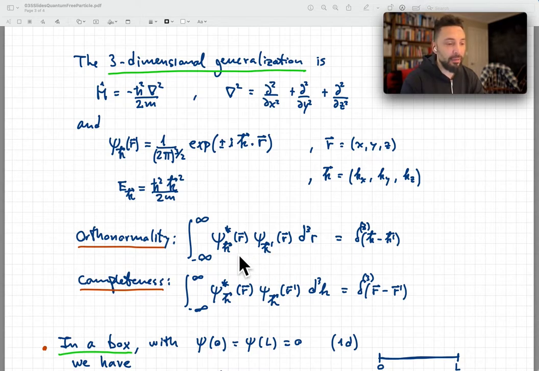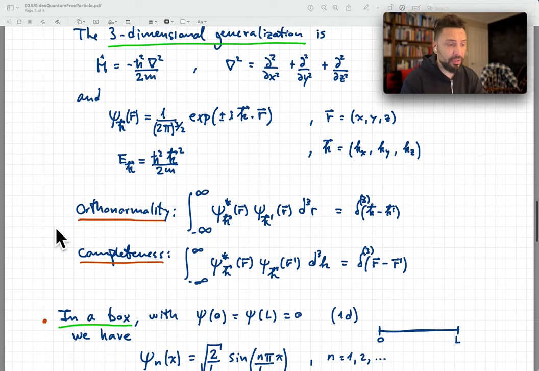But if k is equal to k prime, then the complex conjugate cancels the exponential from the other one. You get 1, and you're integrating 1 from minus infinity to infinity. That gives you infinity. And it turns out that actually behaves like a delta. It's not just any random infinity. When k goes to k prime in this product, that integral converges to a delta of k minus k prime. And so that's the orthonormality condition that you have.